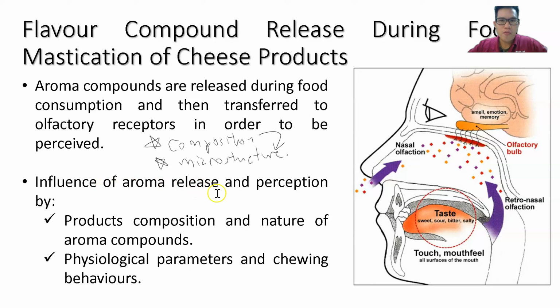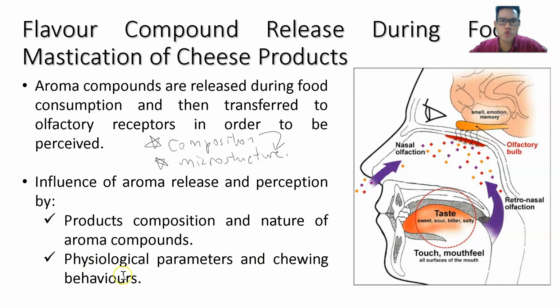Aroma release and perception are influenced by product composition and the nature of the aroma compounds. Very important as well: is the aroma compound hydrophilic? Is it hydrophobic? Does it contain charge, and so forth? All these are very important here.